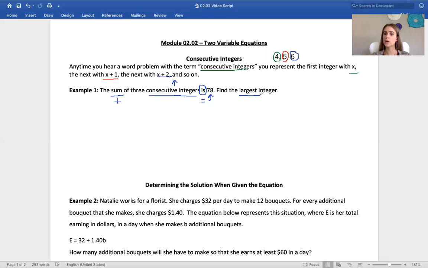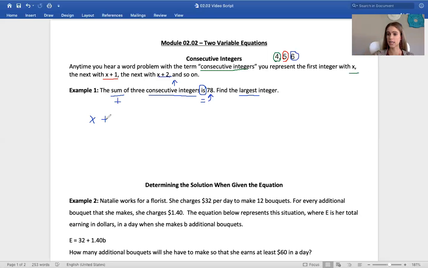All right, well, let's set up our equation so that way we don't have to do a whole bunch of guessing and checking. So we have 3 consecutive integers, so we can use the notes that we did up above. Our very first integer is x, and then sum, so I'm adding to that.